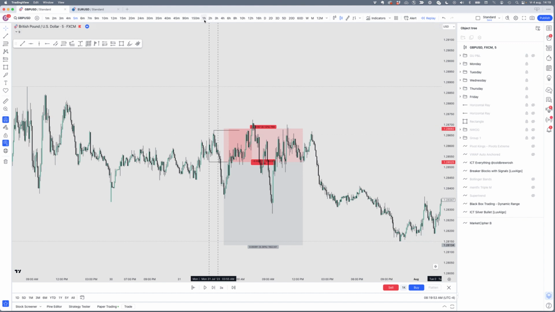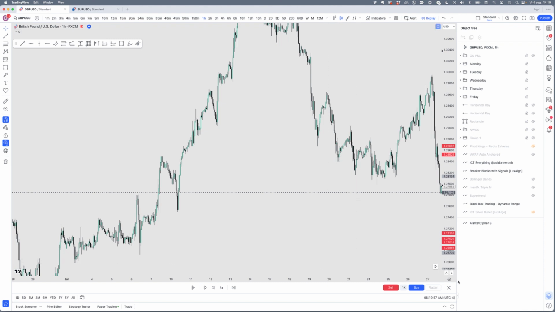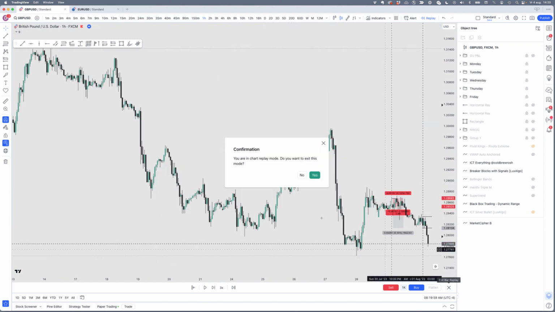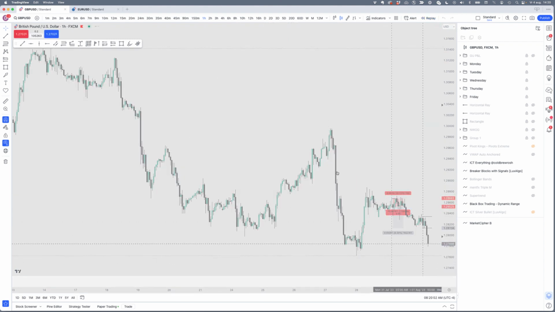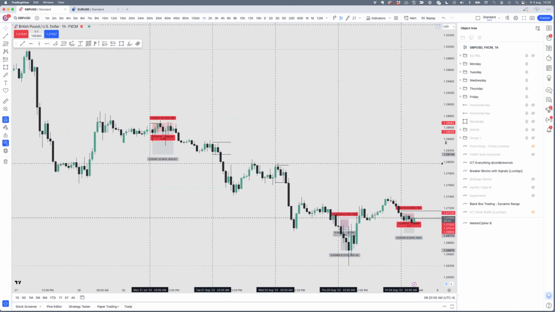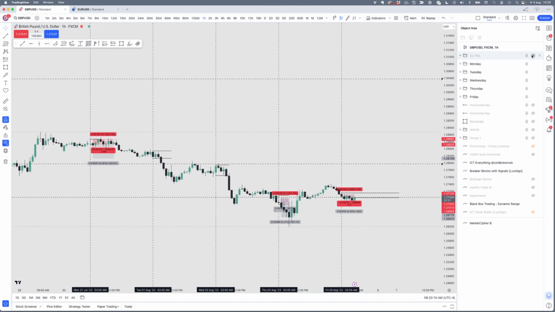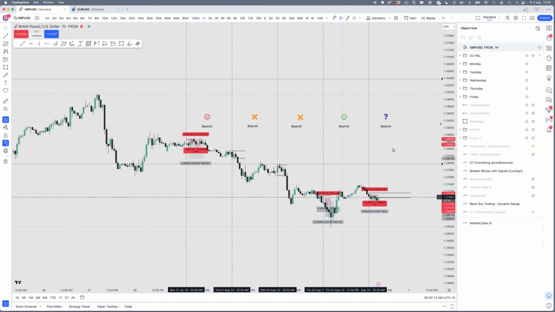So if we go look at what the P&L is, let me reset the chart. So this was our trading week with all the possible trade opportunities. And this is what we got out of it right now on testing.